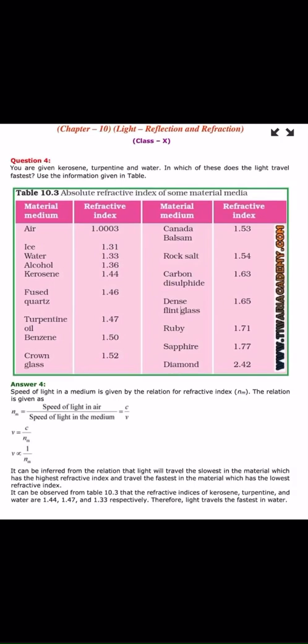In which of these does the light travel fastest? Now we know that light travels fastest in the rarer medium, and out of kerosene, turpentine and water, the rarer medium is water. So light will travel fastest in water. Explanation is given to you.